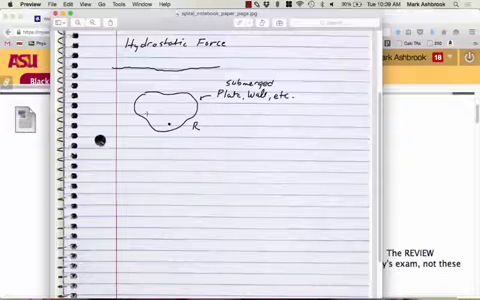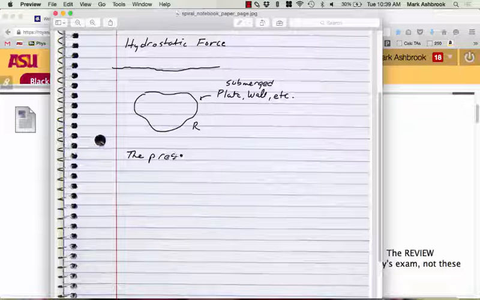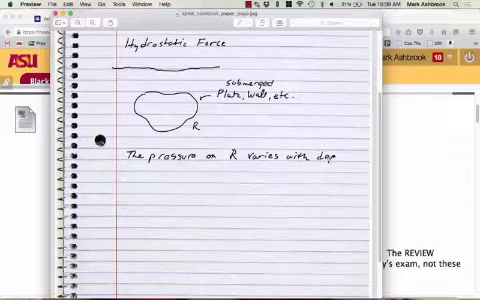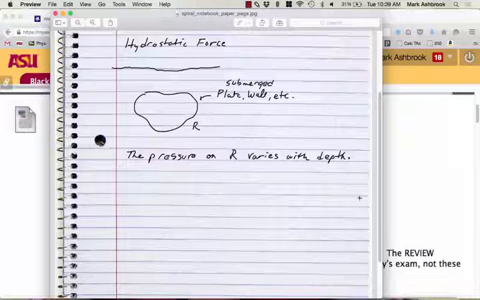Okay, so the pressure on the plate varies with depth. The deeper you go, the more pressure. So at the surface, pressure is 0.